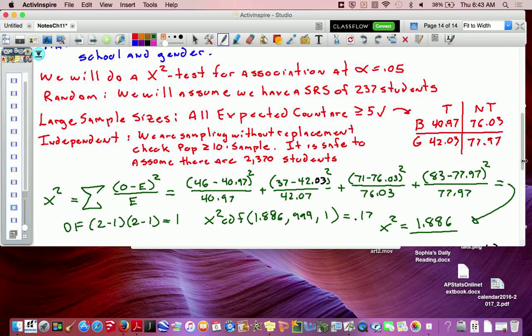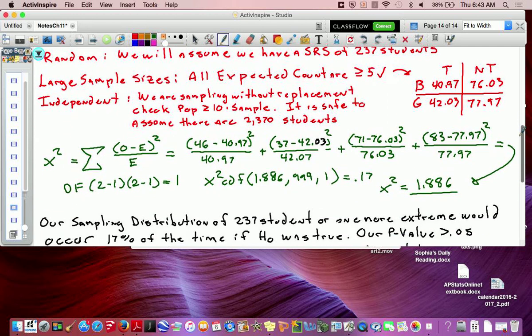Degrees of freedom here again is just 1. My chi-squared statistic, a little bit bigger, is 1.886. Okay? So if I enter in chi-squared CDF, 1.886 to infinity, 1, I do get a p-value of 0.17. So our result, or one more extreme, is happening here about 17% of the time if there was no association between getting into trouble at school and gender.